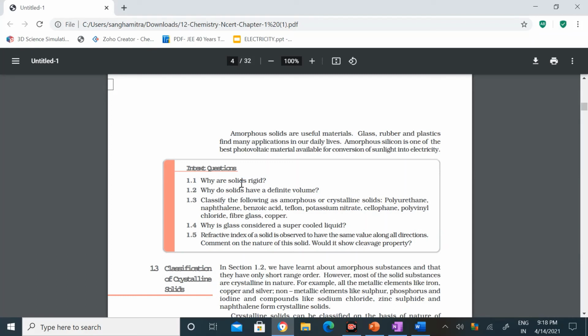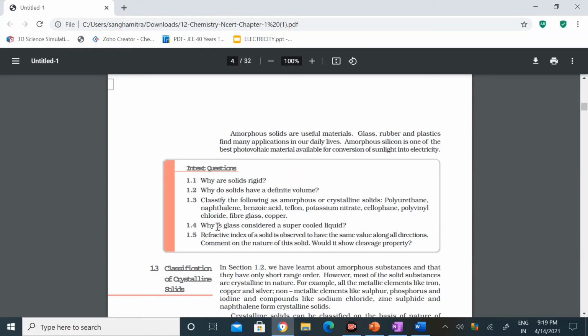That's why the atoms are very close, so they are rigid. Why do solids have definite volume? Same reason. And now classify the following as amorphous and crystalline. This is the homework. If you have time, please write it down in the comment box. Among these, which are amorphous in nature and which are crystalline in nature?